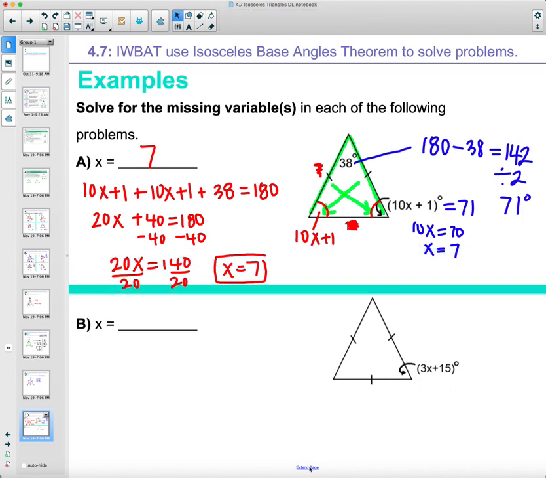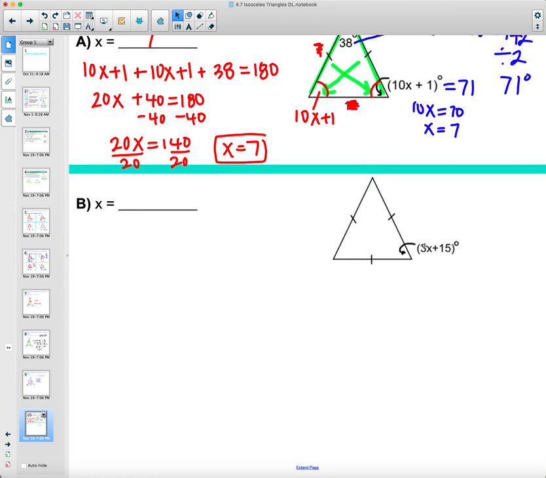All right, then let's take a look at this last one. So in this last one, we want to figure out x from this angle. So this one's kind of cool because you're not even given any numbers in here, but you're going to be able to figure this out because all three sides are the same. So if all three sides are the same, that means that all three angles are also the same, which 180 divided into 3 equal parts is 60.